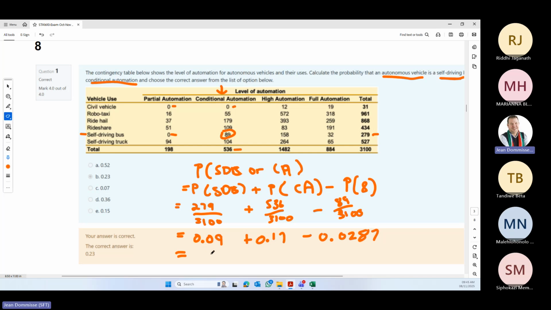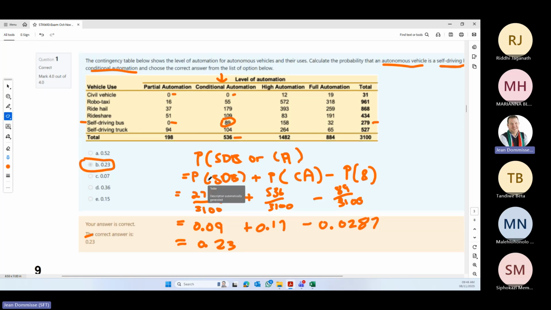Okay, so 0.09 plus 0.17 minus 0.0283 gives us 0.23. Okay, which is option B. So basically this is your normal formula, and you don't need to worry that they're trying to catch you out here.